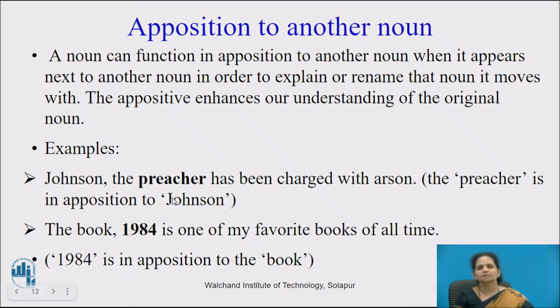Johnson, the preacher, has been charged with arson. Here, the preacher is in apposition to Johnson. See the next example. The book 1984 is one of my favorite books of all time. So, 1984 is in apposition to the noun book.